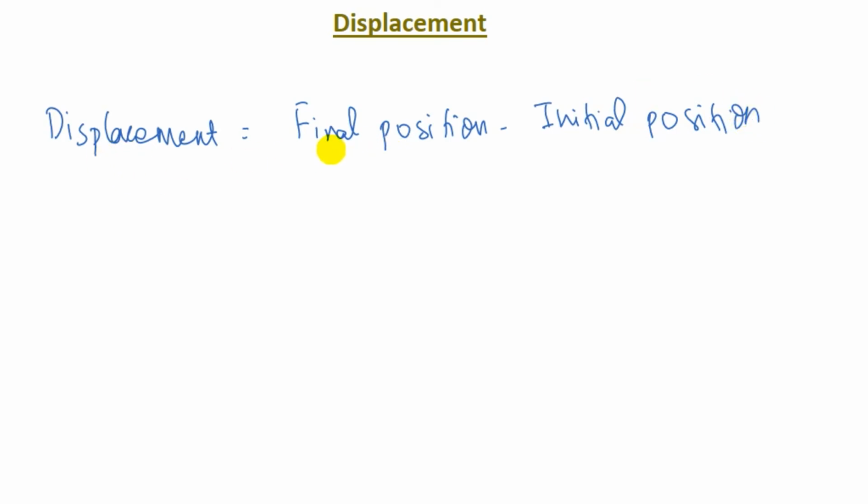Now in physics we generally write this change in position as delta x, which is xf minus xi. Generally for a change we represent it with delta. So this is what we defined as displacement.